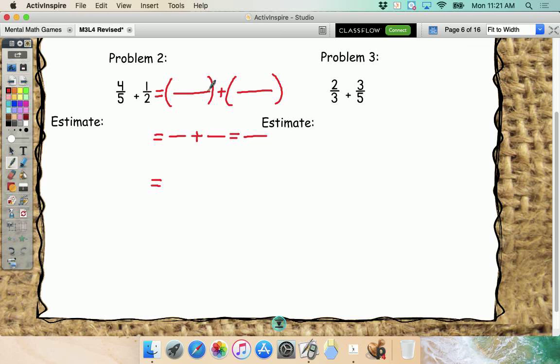Okay, so what table hasn't gone for a while? Table 1. What's my common denominator for 5 and 2? 10. How'd you get that? 5 times 2. You multiplied them together. Okay.